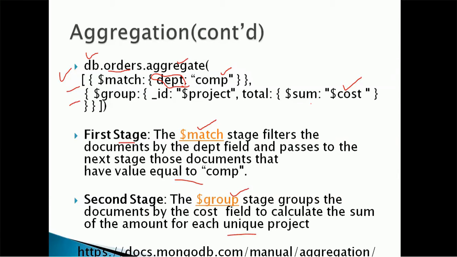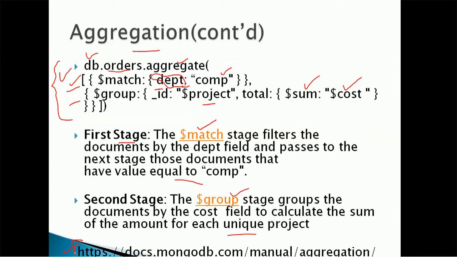So try to understand this format of aggregation. It is a pipeline. The first stage is a filter which filters the documents in the collection based on the department value. Once you filter, it applies a second stage for grouping the documents based on a project.